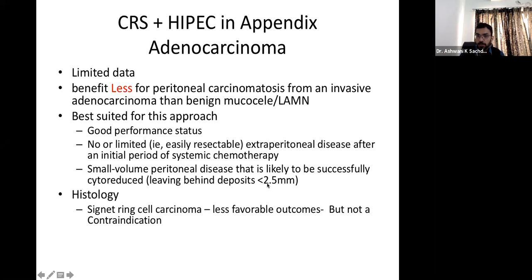As we know from the last class, if we are leaving deposits less than 2.5 mm, that is CC score 0 or 1, then it is more likely to be beneficial than leaving more than 2.5 mm nodule deposits behind.